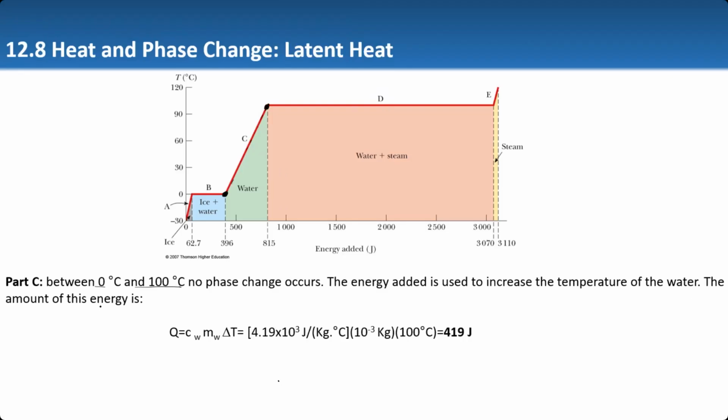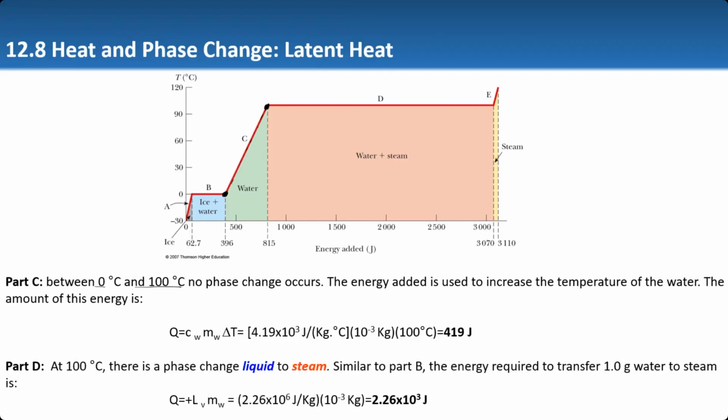The amount of energy needed is Q equals mc delta T, where m is the mass of the water, C is the specific heat of the water, which is 4186, and delta T is 100 minus 0. The initial temperature is 0, the final temperature is 100. So we found Q for warming up the water from 0 to 100 degrees Celsius is going to be 419 joules.